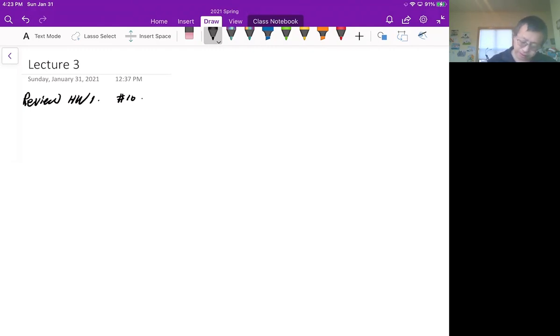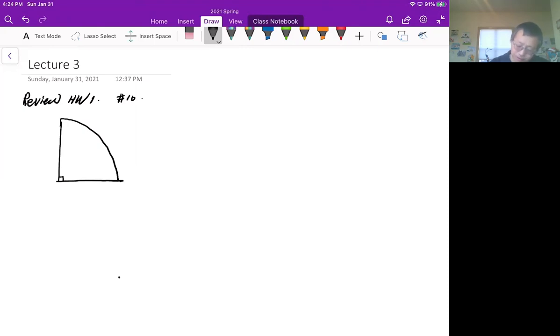Let me draw the picture. First of all, I have a quarter of a circle with radius 8. This is a right angle, and this is a quarter of a circle, right? And then you are going to draw 2 semicircles.